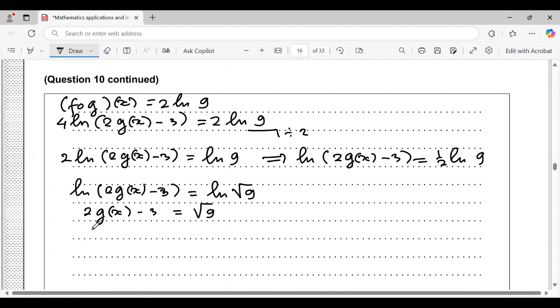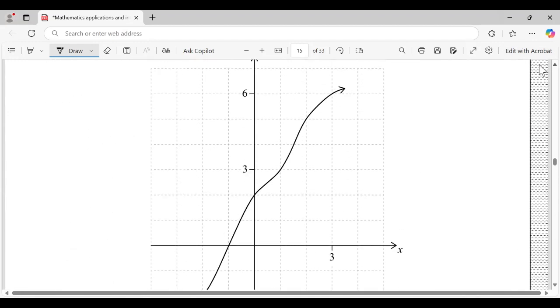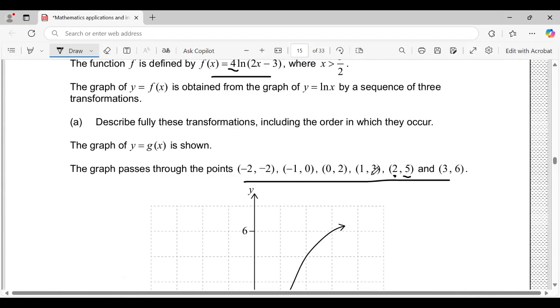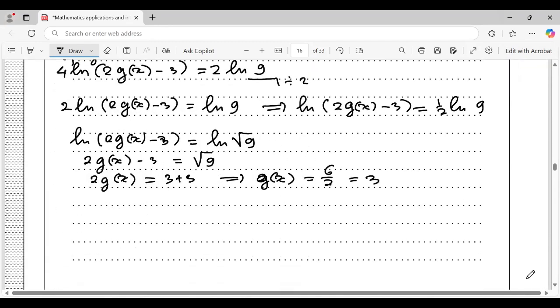Root 9 is 3, so 2g(x) equals 3 plus 3, so 2g(x) equals 6, divided by 2 equals 3. If g(x) is 3, look at the coordinate point 3, 1: if y equals 3, x equals 1. So if g(x) equals 3, it means x equals 1.